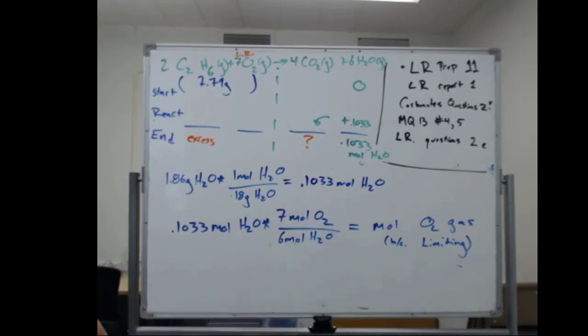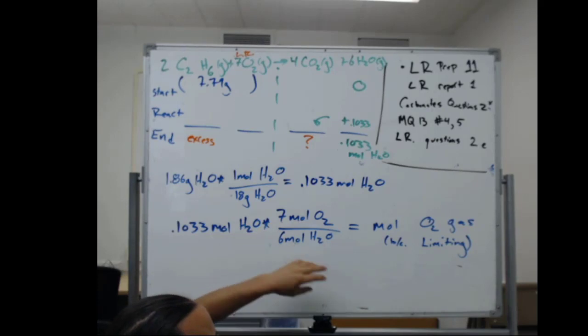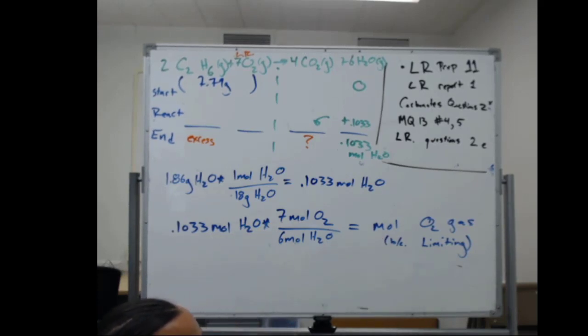I know that if I take this moles of H2O and I multiply by the mole ratio, that's going to give me my moles of O2 gas, because we know the moles of O2 gas is limiting.